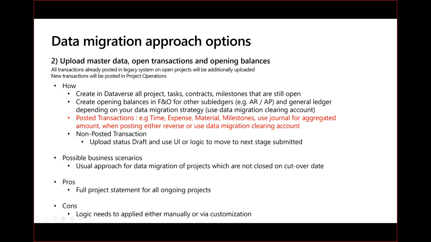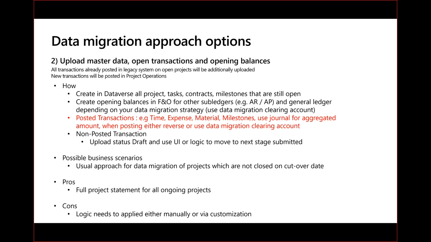The only thing we do for the posted transactions is create a journal, and aggregate amounts for the time, expense, and materials that were already posted. And when we post this journal, we either use a data migration clearing account, or we can reverse that posting in our finance and operations.